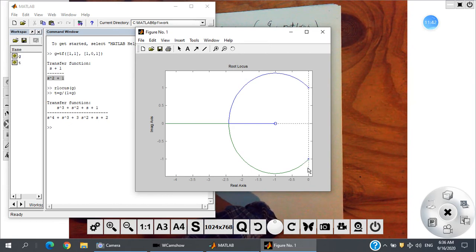In the MATLAB graph, these two crosses correspond to the poles of G. You know the PZ map: we use a cross for poles and a circle for zeros. So the crosses are the poles of G of S. They are also the poles of T of S when K is 0. So this is the K equals 0 case.